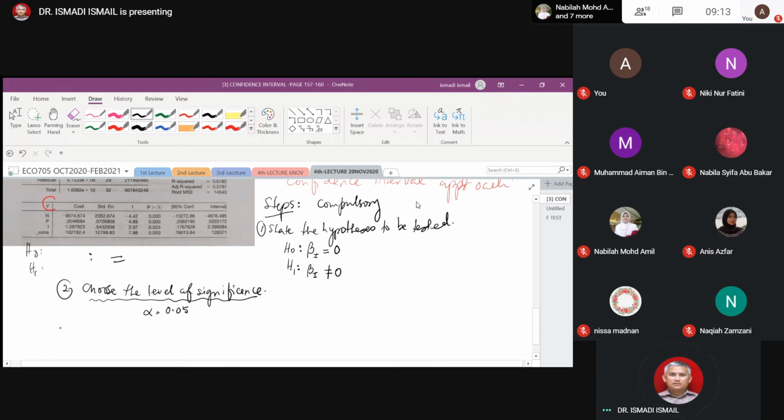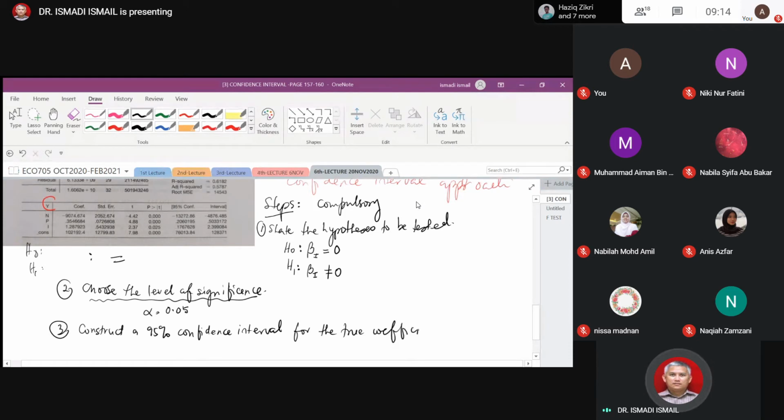Next step is no longer computing. Here you have to construct a 95% confidence interval for the true coefficient of beta i. How do we know 95%? Because alpha is 5%.